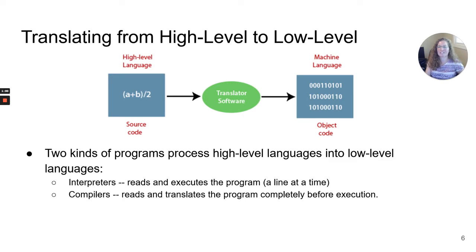Well, that's really exactly what happens with computers as well. So we need some kind of translator or interpreter as a go-between from a high-level language, the language that the programmer is speaking, to the low-level language, the language that the computer processor is speaking.